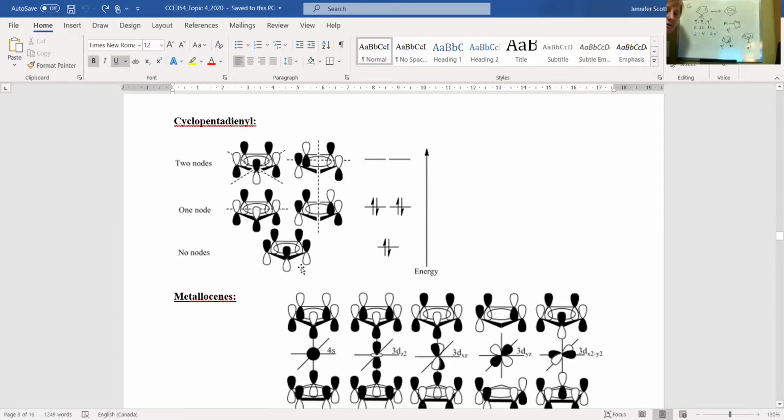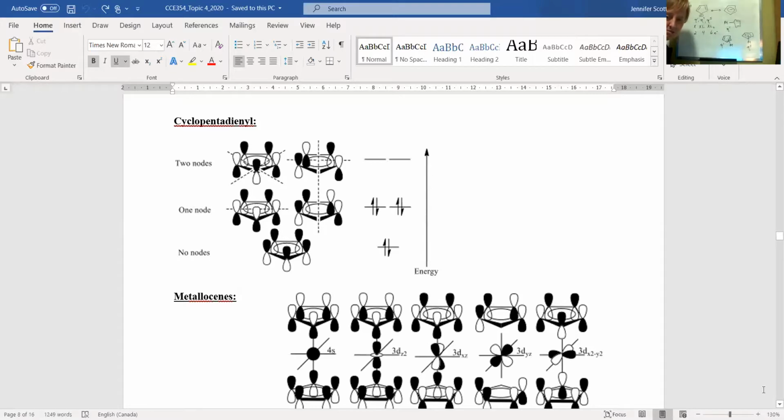You can have sigma from these, a nice E1 orbital to metal dz squared. And then you can see how you can have pi as well with the other dxz or dyz, making pi bonds to your metal. And then you can try and picture up here how you might have pi or delta back bonding again.